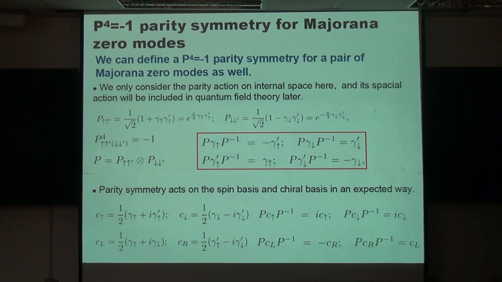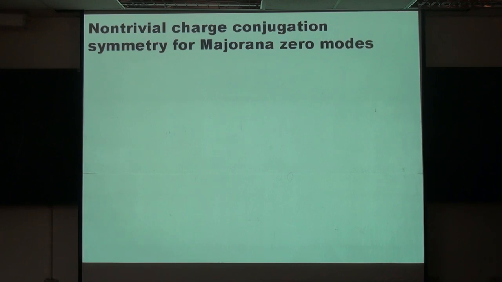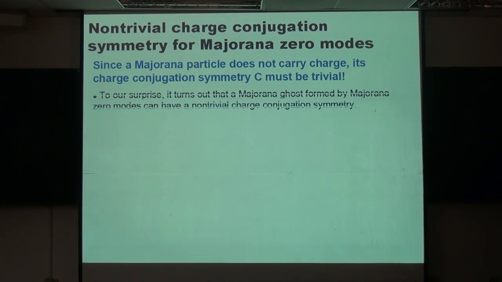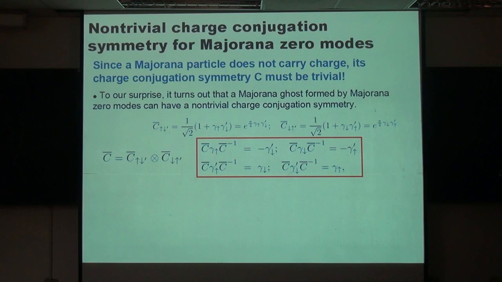Okay, so this is some other simple kind of algebraic exercise. And furthermore, you can also do something more exotic. You can even map this gamma up to minus gamma down prime. For the time reversal, just map gamma up to gamma down. But for parity, just map gamma up to gamma up prime, so the prime is just on the right side. So it's like a parity operation. But here you not only map left to right, you also flip spin.